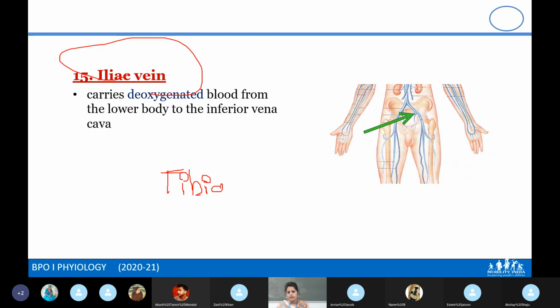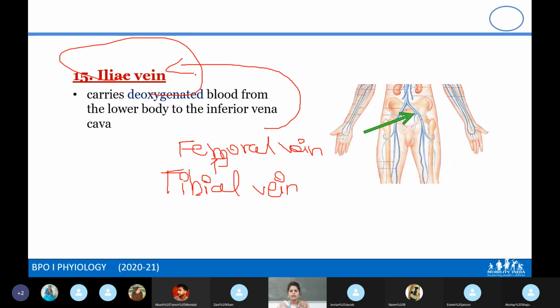The distalmost part is the tibial vein, and from the tibial vein it gives blood to the femoral vein, and the femoral vein gives blood to the iliac vein. Veins always start from distal and go to proximal, but arteries start from proximal and go to distal.